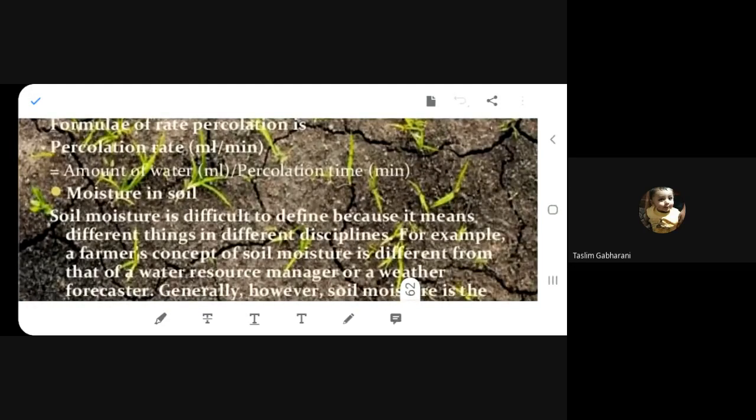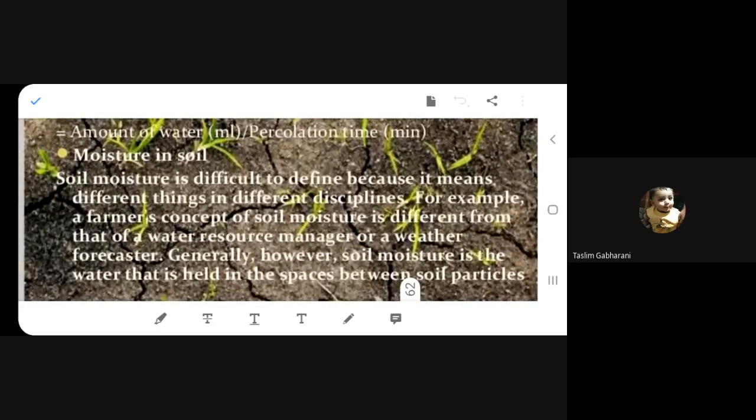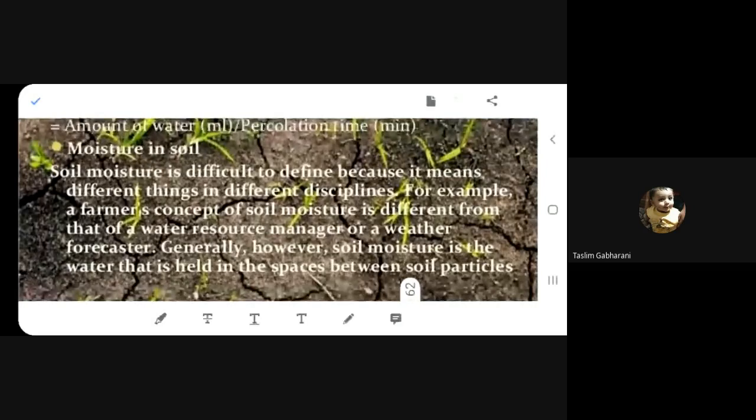Moisture is difficult to define because it means different things in different disciplines.